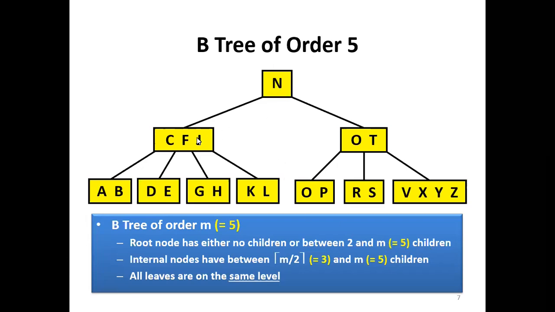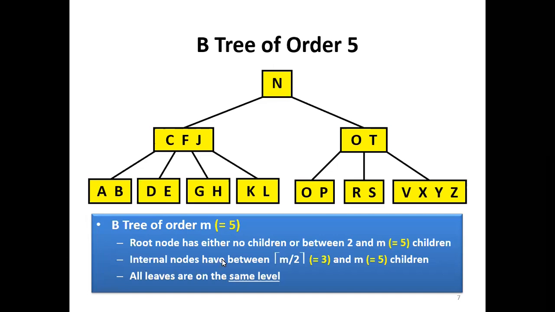In this case, the root node has only 2 children, but the root node can have 3 children, it can have 4 children, because the order is up to 5.